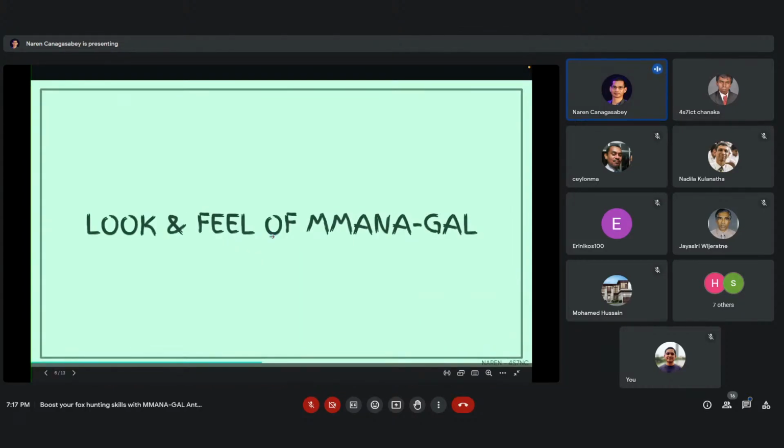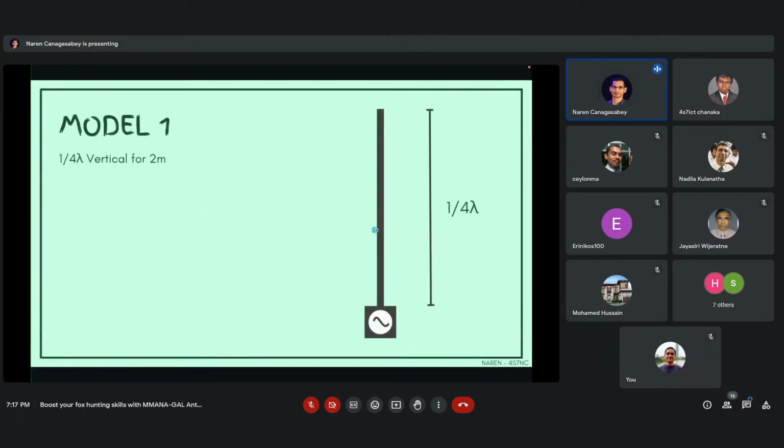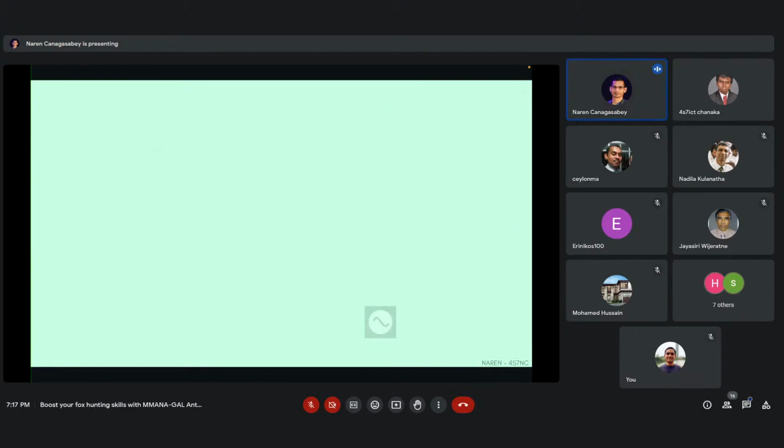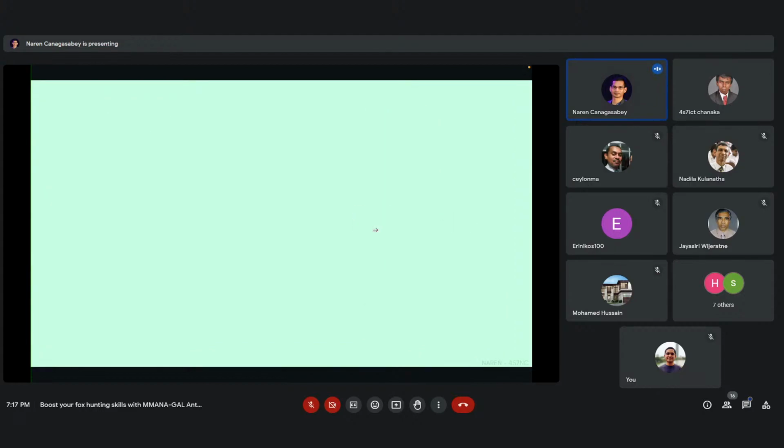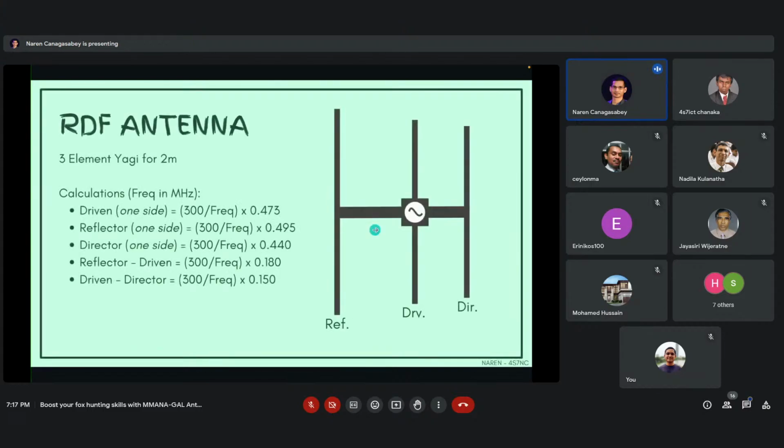So we did the modeling of the quarter wave vertical for 2 meters, and then we did the half wave dipole for 2 meters. Now we are moving on to the highlight of this presentation, which is the designing of the RDF antenna. If possible, I'd like you to take a screenshot of these formulas.